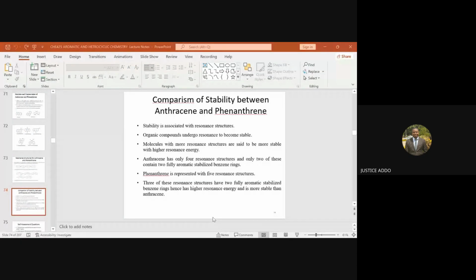If you check the number of carbons and the number of hydrogens, they are the same. It's just the structural outlook that the third ring of anthracene is linear, but that of phenanthrene is angular. And that structural difference is what is bringing about differences in their stability, and it is explained by the number of resonance structures that they form.